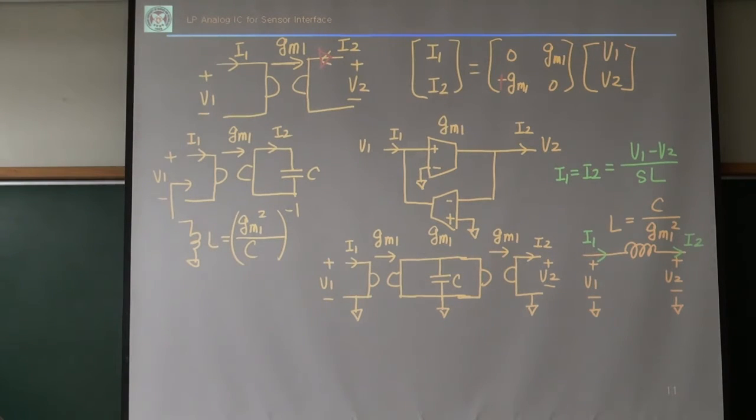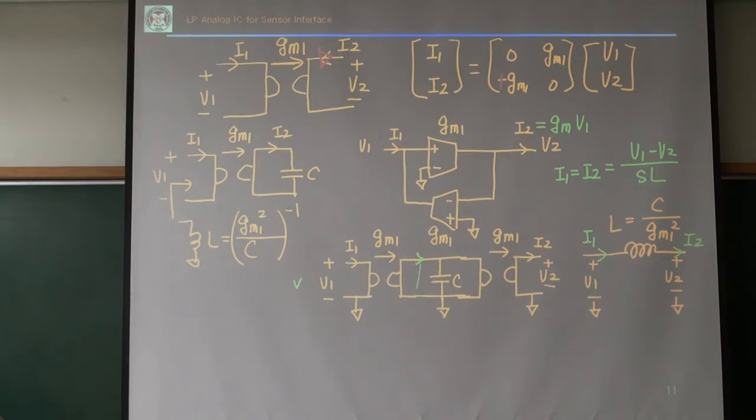Let's look at this circuit. What's this current? Oh, yeah, this current is only GM times V1. Yeah, GM times V1.